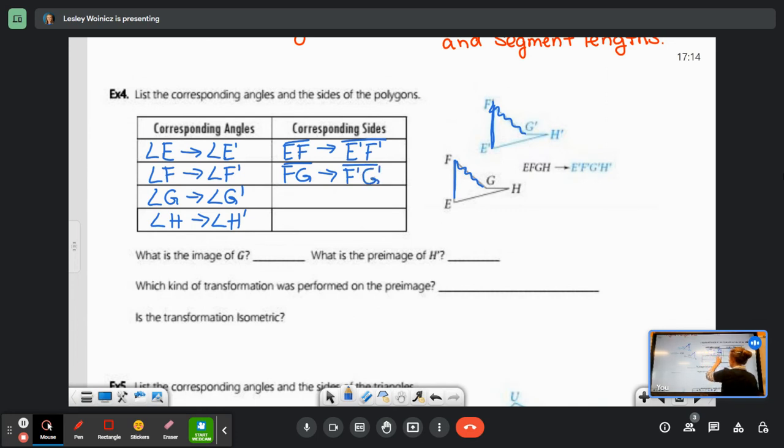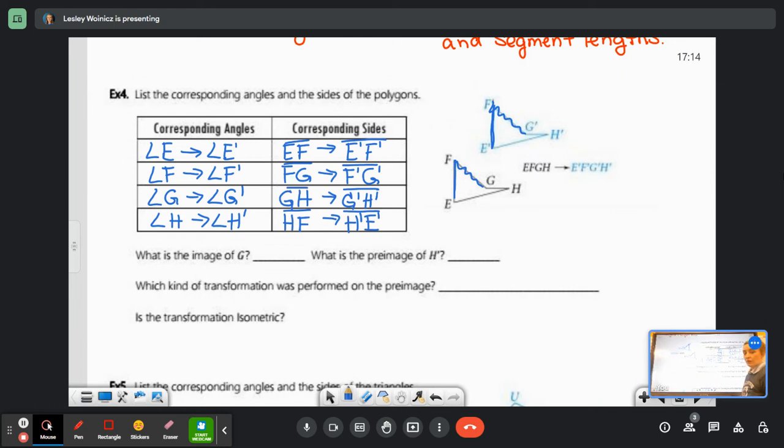Segment GH maps to segment G prime, H prime. Segment HE maps to segment H prime, E prime. It's not hard to do, it's just hard to say.